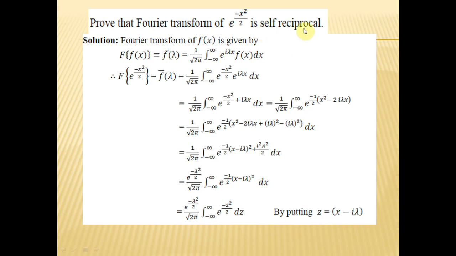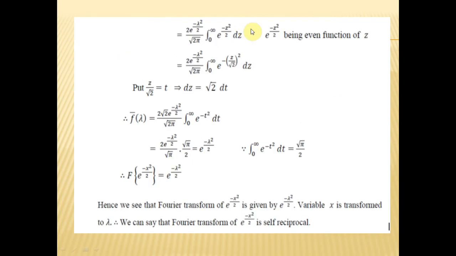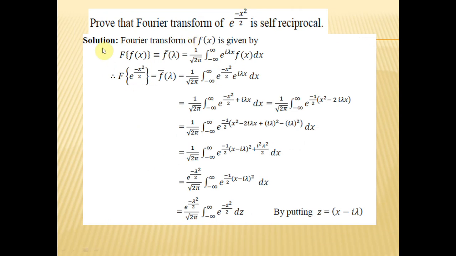By the term self-reciprocal, we mean that after finding the Fourier transform of e raised to minus x square by 2, the result will be in terms of e raised to minus x square by 2 in some other variable, so that we could call it self-reciprocal. The Fourier transform is given in the same pattern. That's why we are calling it self-reciprocal. So we will check how we can prove this result.